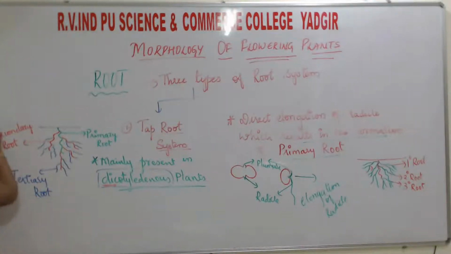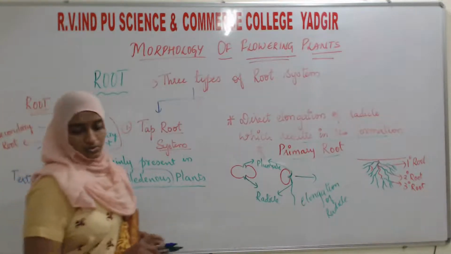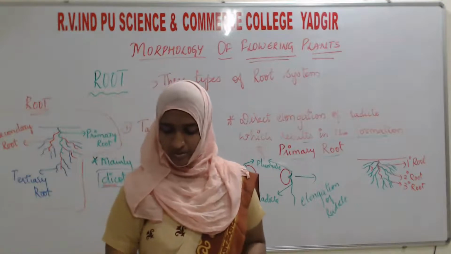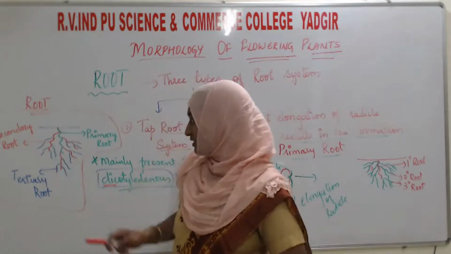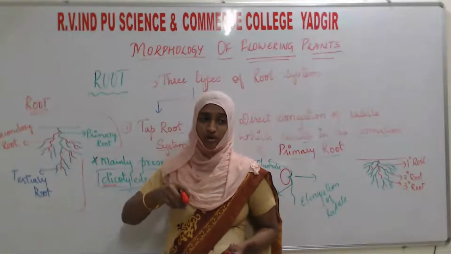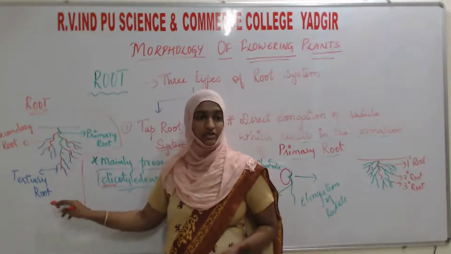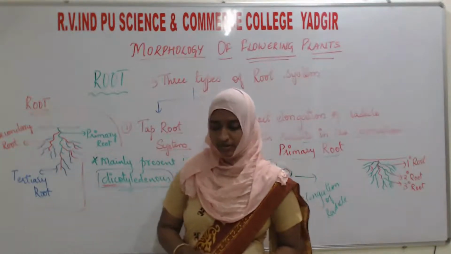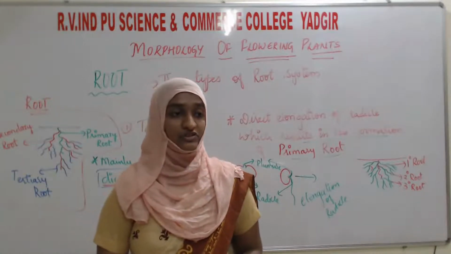So here you can see a full diagram of the structure of the root, how a primary root bears the secondary and tertiary roots and root hairs. The primary root, which is a direct elongation of the radicle, gives rise to the secondary root, then further to the tertiary root. This primary root along with its branches makes the taproot system.